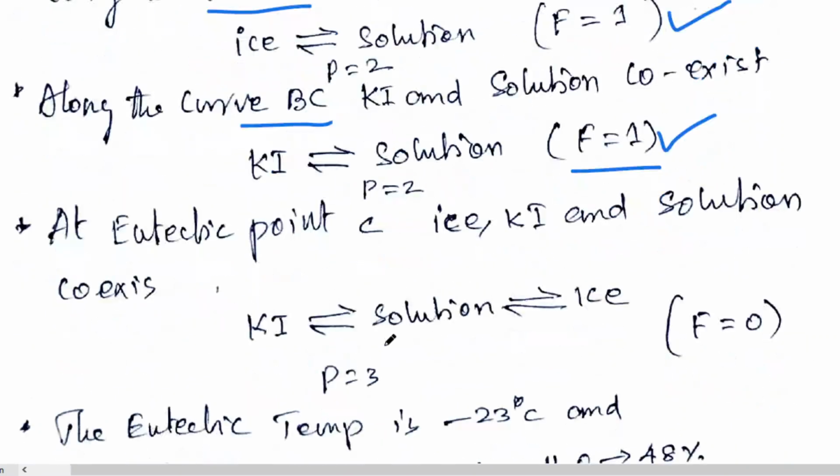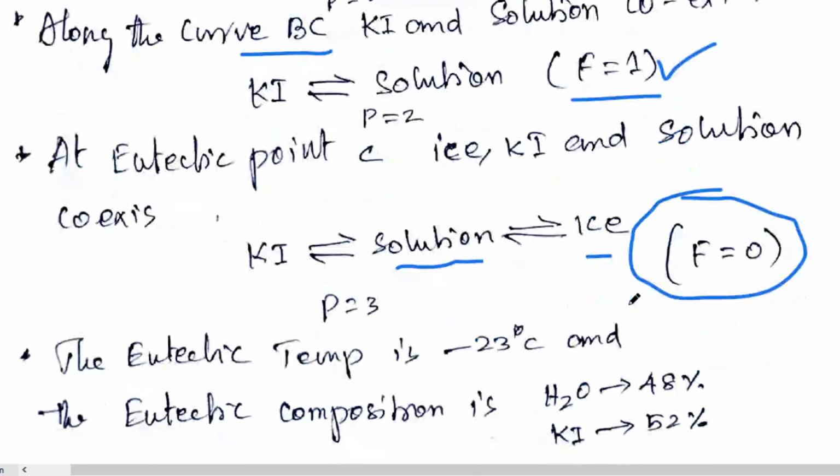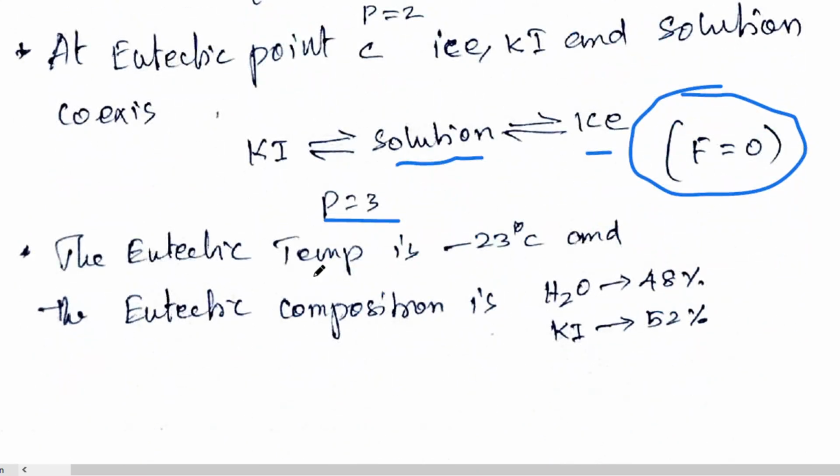At the eutectic point, KI, solution and ice are all in equilibrium, and the degrees of freedom is 0. That means it is invariant. And this is the eutectic temperature, minus 20 degrees Celsius, and this is the eutectic composition of the KI-water system.